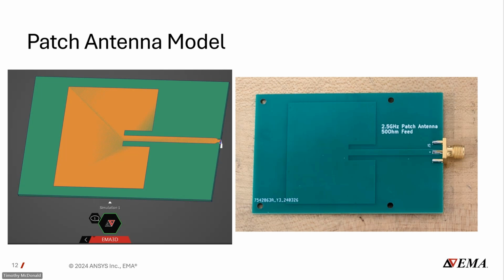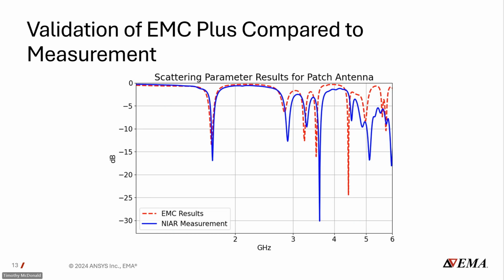Tim, if you want to go to the next slide. So the first thing we needed to test was, again, to confirm that our model in EMC Plus was radiating at the correct frequencies. I mentioned that the physical model was resonating at that 1.7 gigahertz. And to test that, we measured the scattering parameters of the patch antenna.